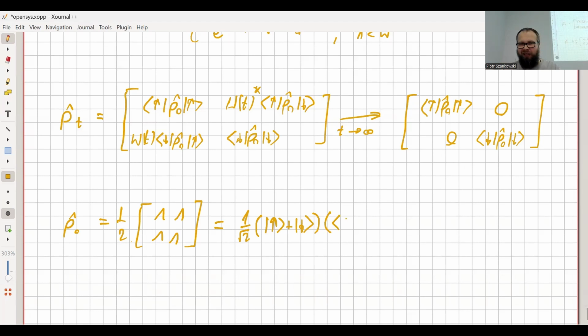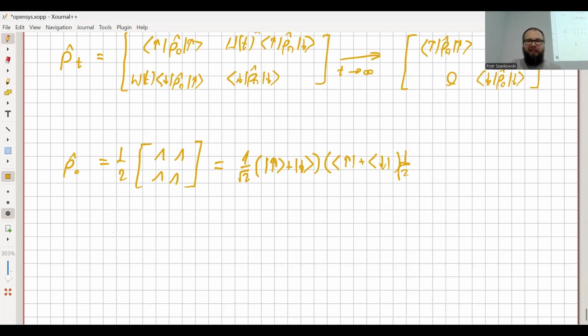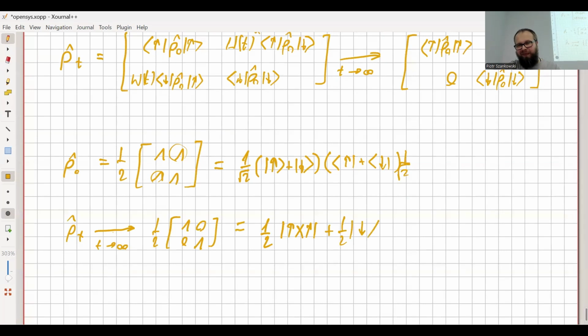So upon evolution, as time goes to infinity, the off-diagonal terms will disappear. You will reduce everything to the matrix with 1, 1 on the diagonal and 0, 0 off the diagonal, which is the most mixed state possible, just proportional to the identity.